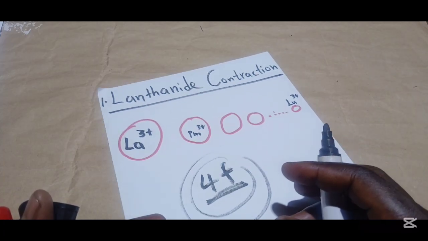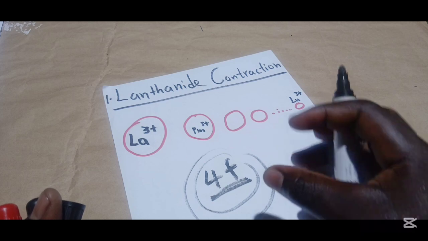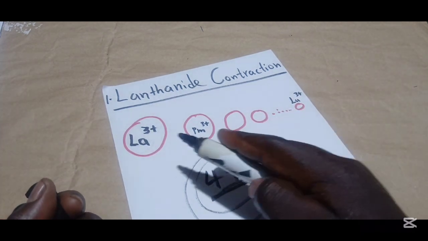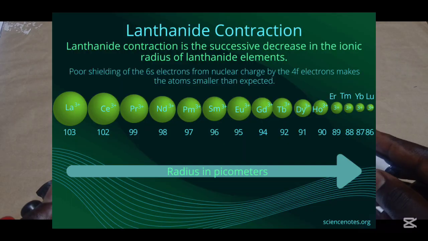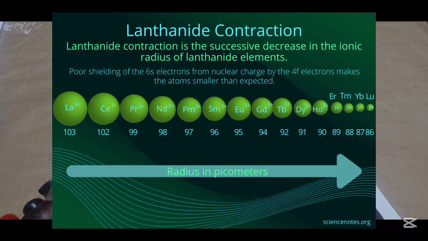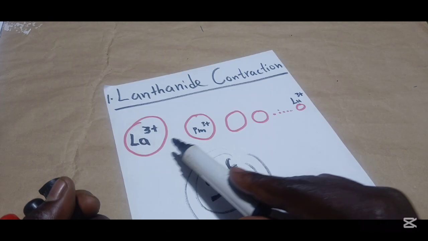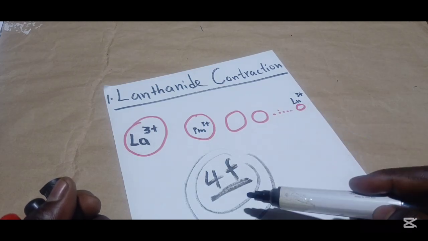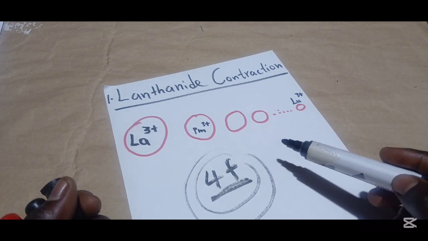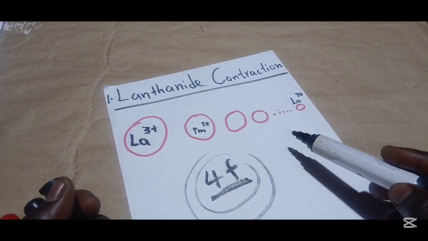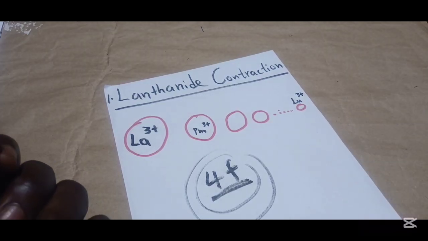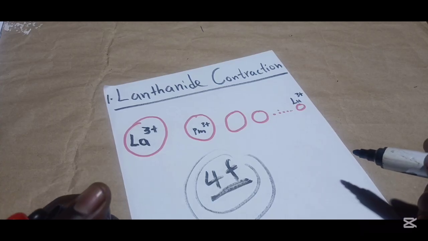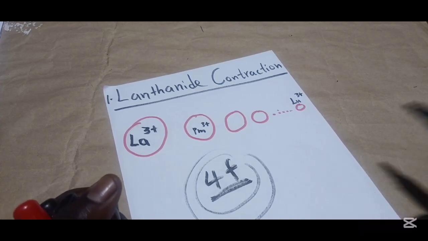So the effective nuclear charge gets higher and pulls the outermost electrons towards itself strongly. So this is why from La to Lu, the atomic or ionic radii decrease, because as we go from left to right, the added electrons are being added onto the 4f orbital, and at the same time the effective nuclear charge increases, pulling the electrons strongly towards the center, causing a decrease in atomic and ionic radii.